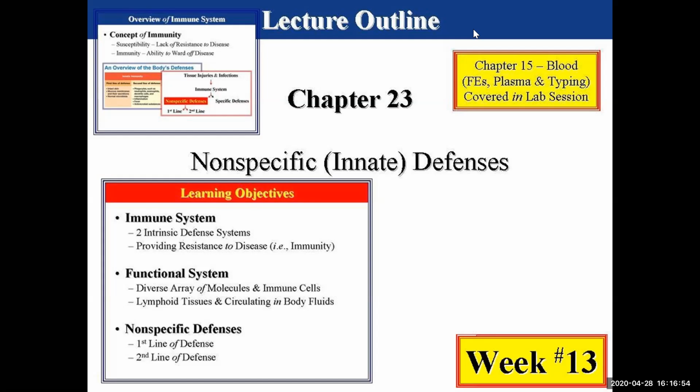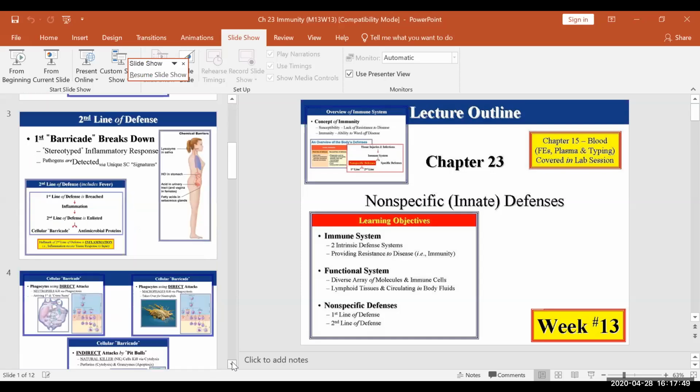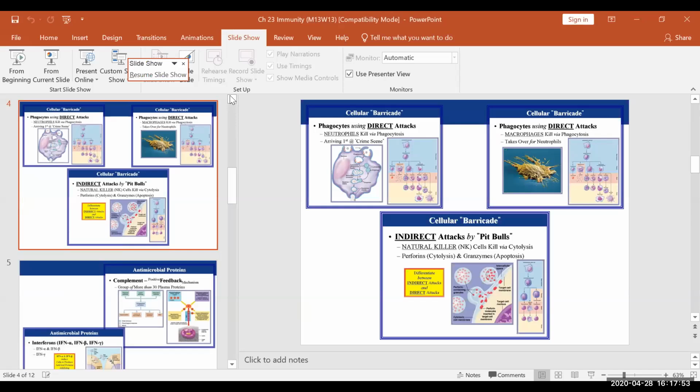Let me try to move this out of my screen here and try to share the screen again. Okay, I think it's better if we do it this way. Let's move on to this one. Okay.